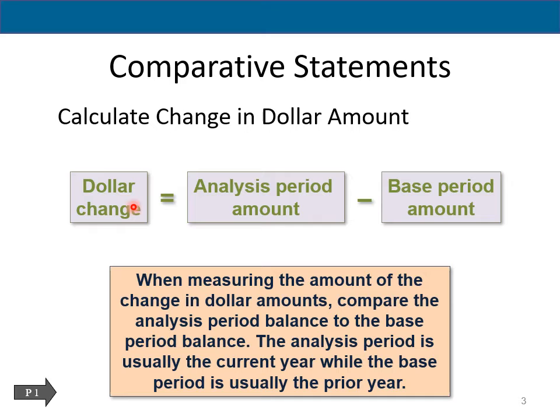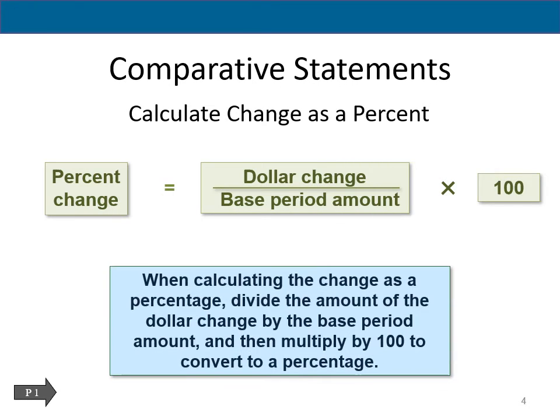So in other words, if a number has gone up, it's going to be positive. If a number has gone down, you'd have a negative dollar change. All right. And then we'll do a percent change. You compute dollar change first because that's in the formula. And then you divide by the base period amount, which is traditionally the oldest number reported. You do this for every line item.